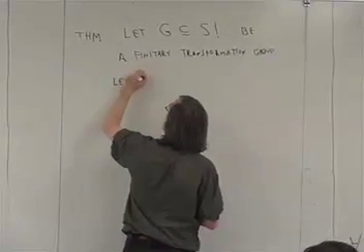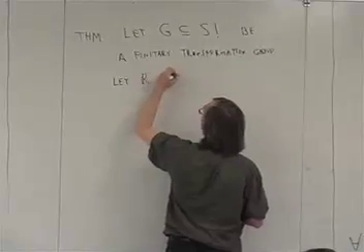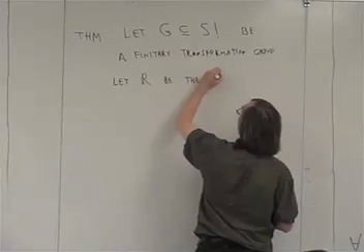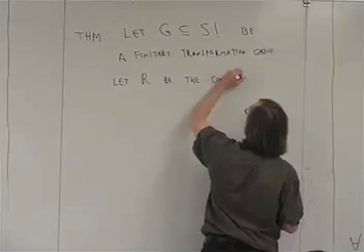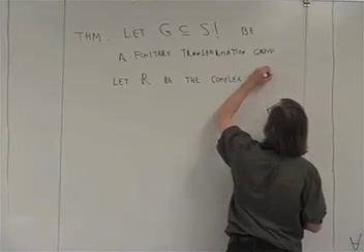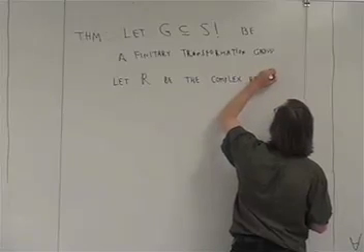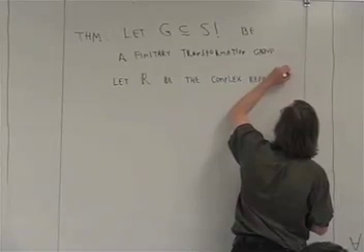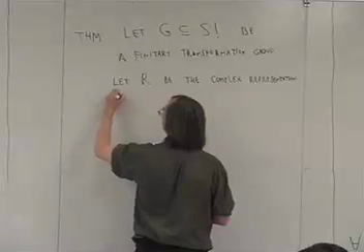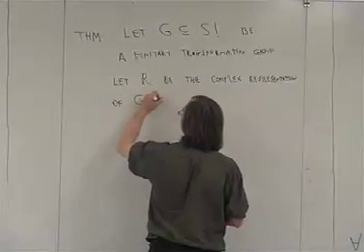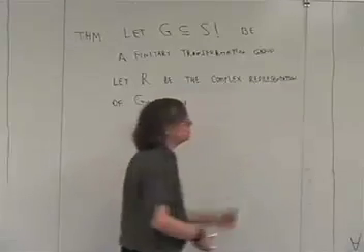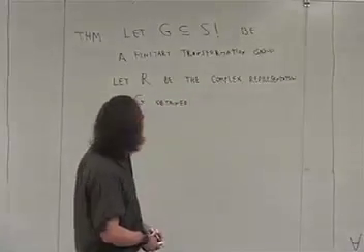But R is the complex representation of G obtained by the process that I just described over there.